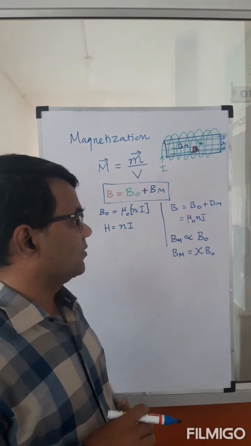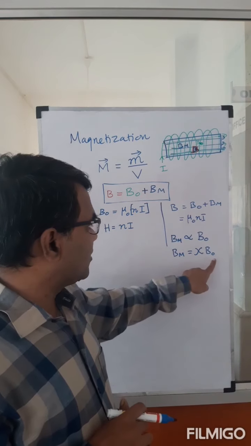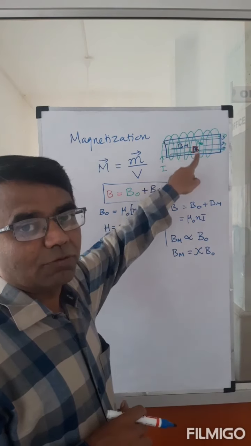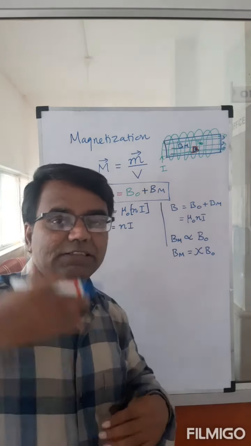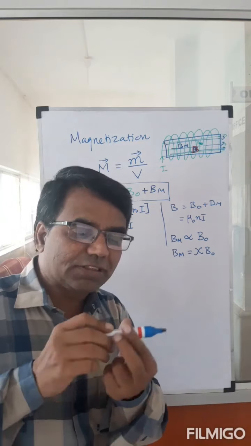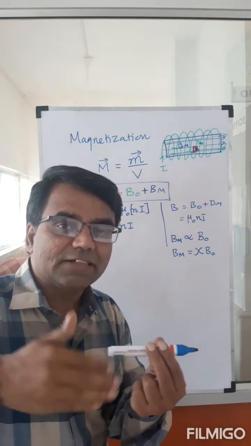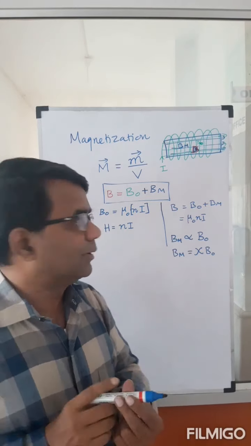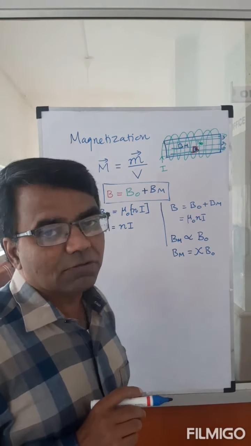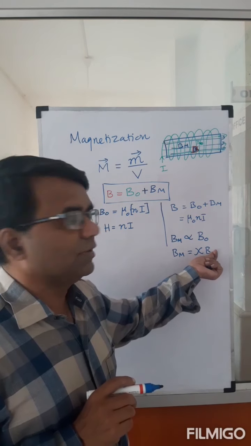So psi into B naught. That's the constant of proportionality I'm going to introduce. Because if B naught is more, the Bm will also be more. If you increase the magnetic field in which this material is kept, then the greater the field, the greater the magnetization would be. So Bm is proportional to B naught, and Bm is equal to psi into B naught.